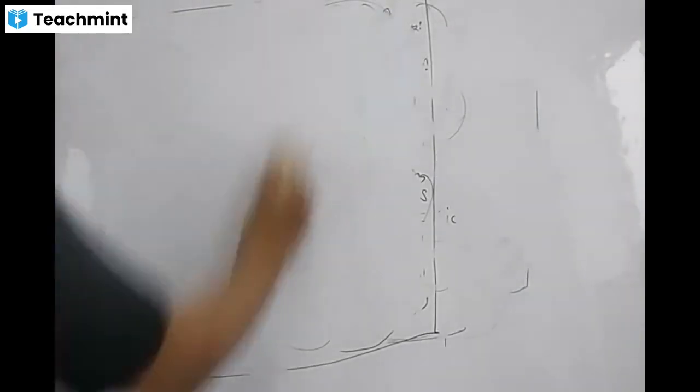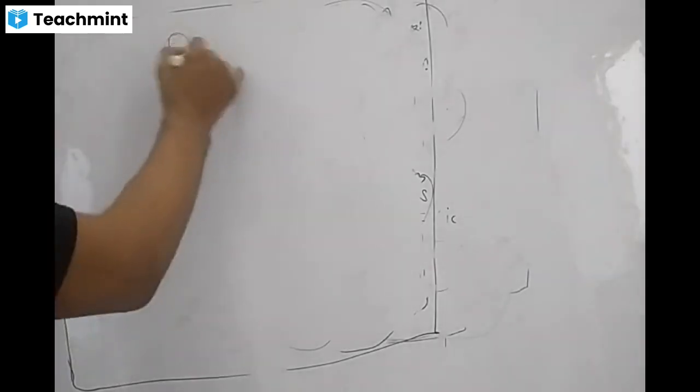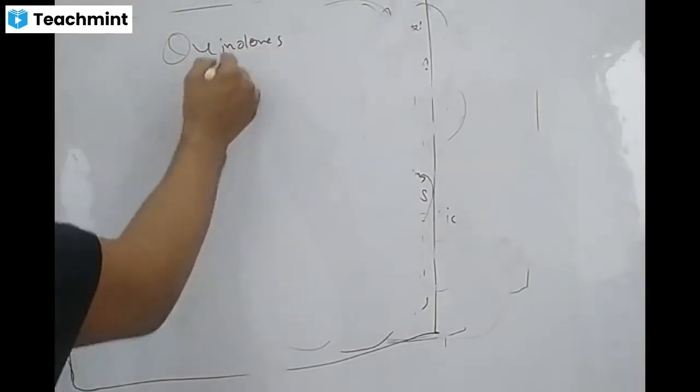The second synthetic class, where we use the term synthetic antimicrobial agent, no, we do not use the term antibiotic, is your quinolones, also known as fluoroquinolones. There are two terms, quinolones and fluoroquinolones.